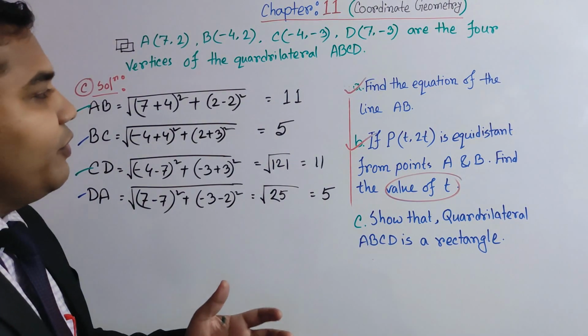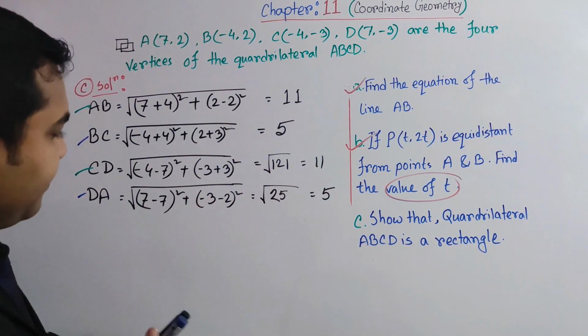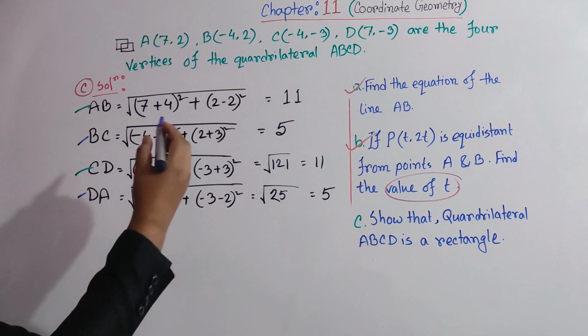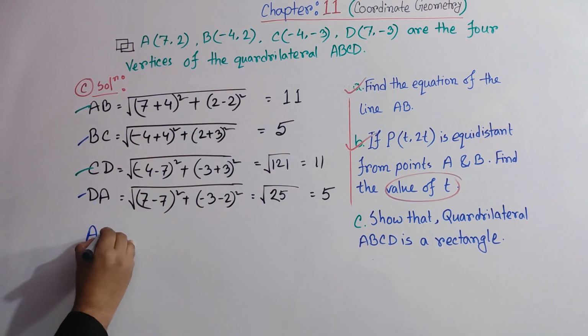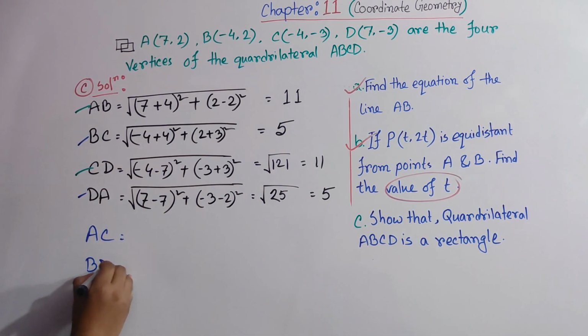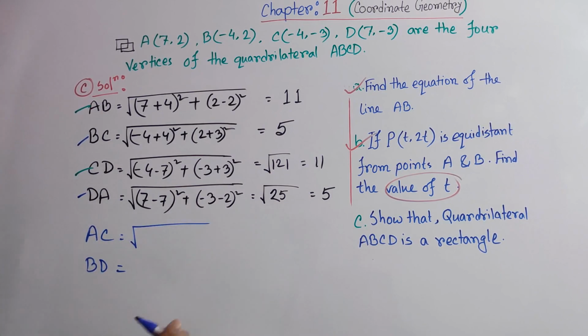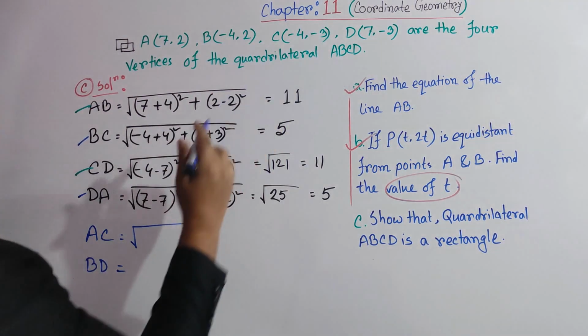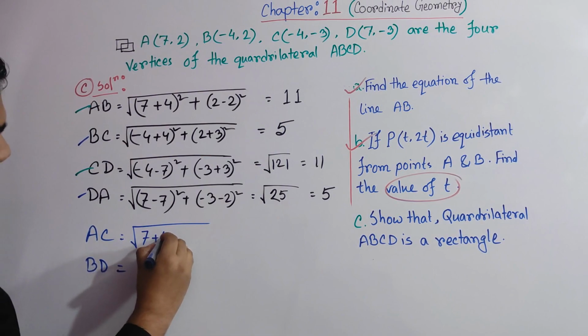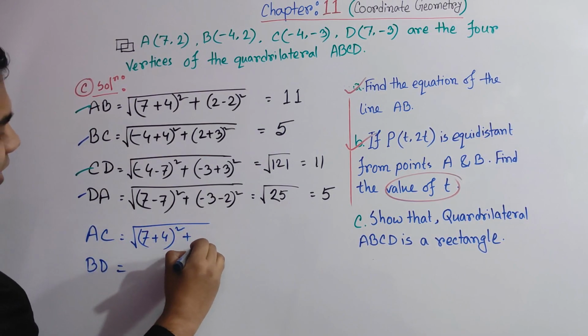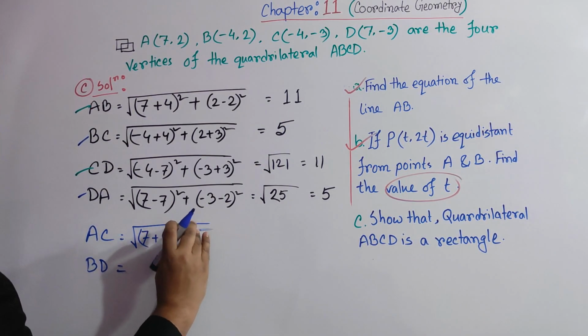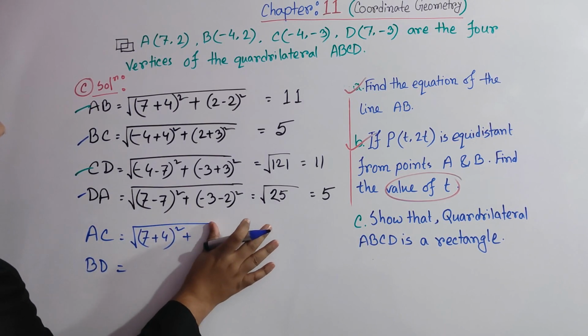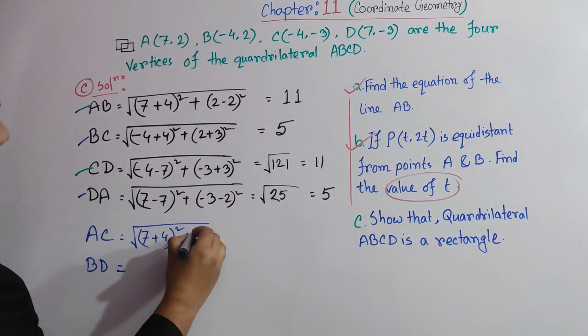Now we are moving to our diagonal part. So diagonals, for example AC and BD, these 2 are the diagonals. So for AC, 7 plus 4 whole square plus 7 plus 4 whole square and 2 plus 3 whole square.